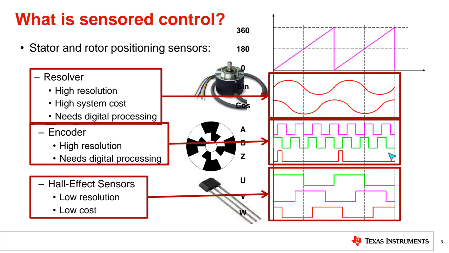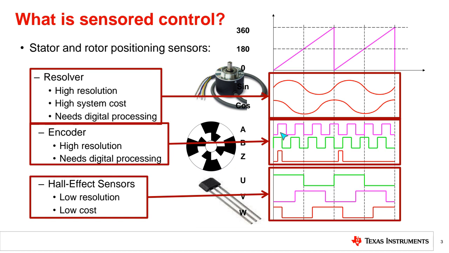Also, we have some cheap encoders with very low resolution, for example, optic encoder. If you search Google for optic encoder, you will see their price is very low. The encoder will output a pattern of zeros and ones with respect to rotor position. You can see here 1 and 0.